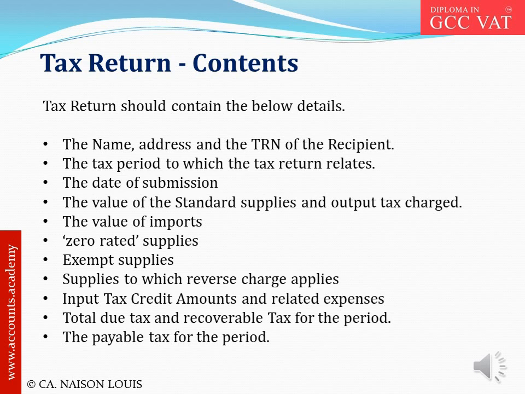Tax return should contain the below details such as the name, address and tax registration number of the registrant, the tax period to which the tax return relates, the date of submission of tax return, the value of the standard supplies on which we charge tax and output tax charged as well as collected, the value of imports, zero rated supplies, exempt supplies, supplies to which reverse charge applies, input tax credit amounts and related expenses, total due tax and recoverable tax for the period, as well as the payable tax for the period. So all these details should be there in a tax return.